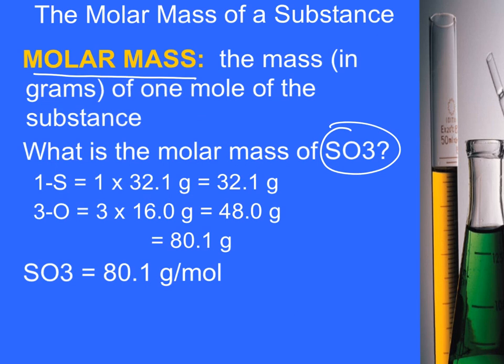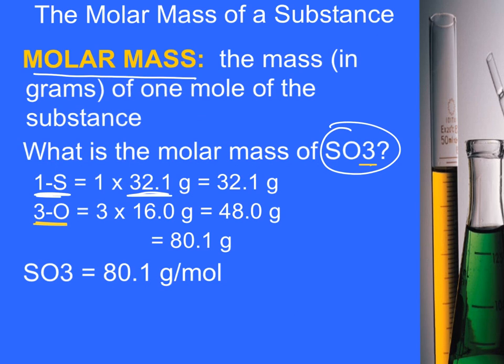Okay, so if you look on your periodic table, find sulfur. Okay, so there's only 1 sulfur in that formula. So if you look it up on your periodic table, it's approximately 32.1 grams. Okay, then notice that there are 3 oxygens in that formula.